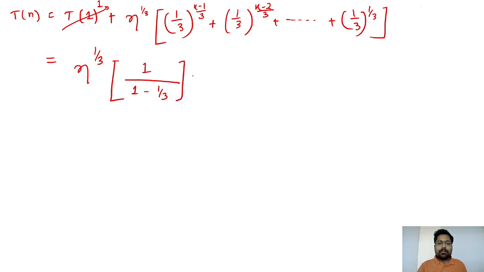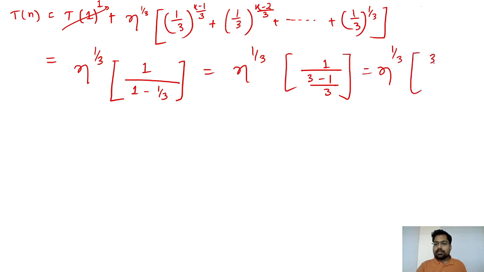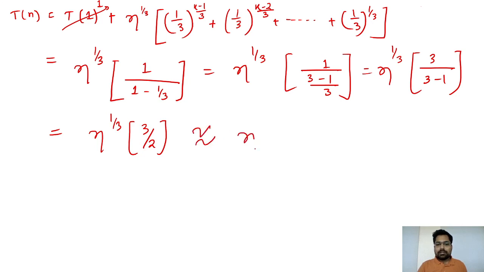Okay, that is the answer. n to the power 1 by 3 into 3 by 2. So some constant is getting multiplied. You can say n to the power 1 by 3 into some constant.